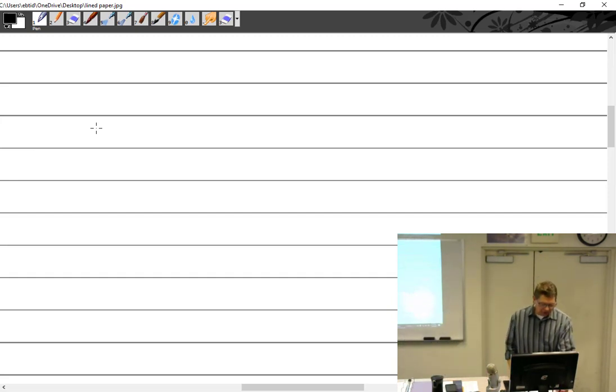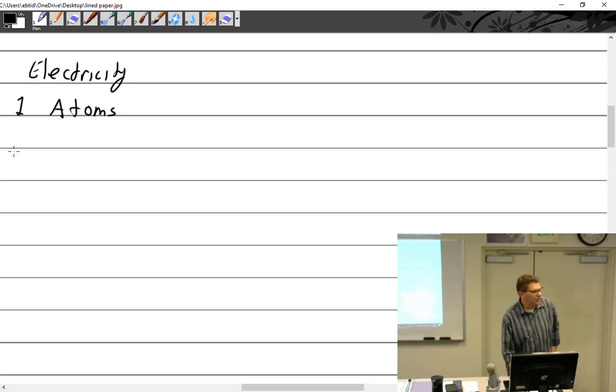To understand electricity, we need to know what electricity really is, what's really happening down there, and that really comes down to the molecular level. So in order to discuss that, we have to discuss the atom.